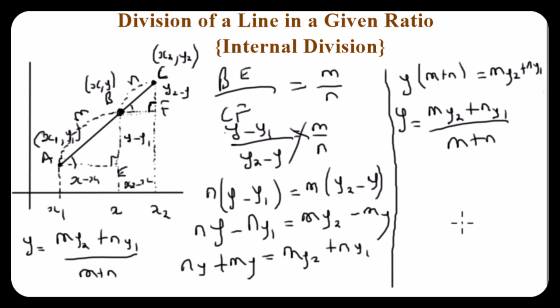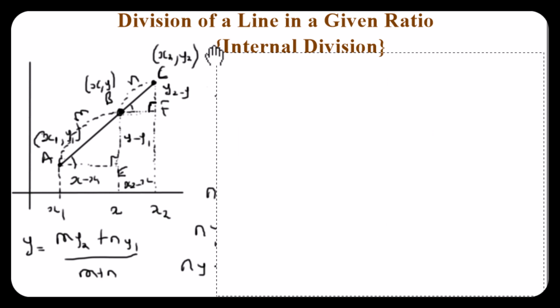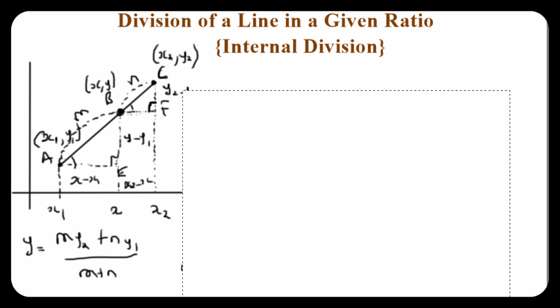Okay, so now that we've written this, we can now write the final formula for the division of the line in the given ratio. Unlike that of the midpoint, where we wrote x1 plus x2 over 2, here for division we can just write D, so you can put in bigger brackets.